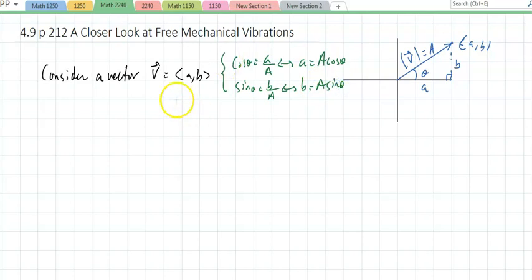Now, in general, our solutions are going to look something like this.